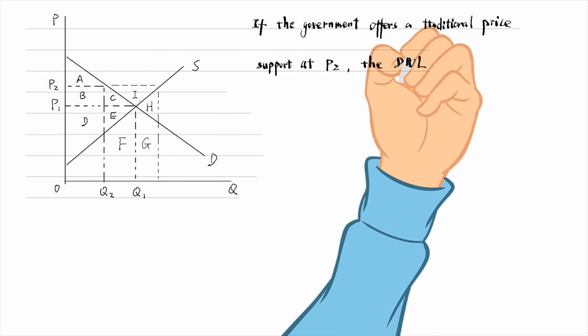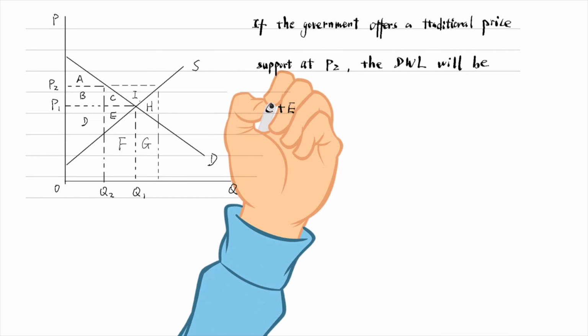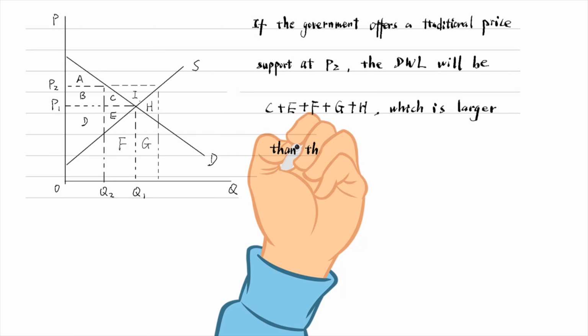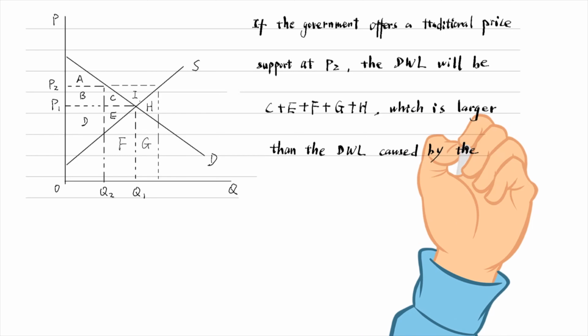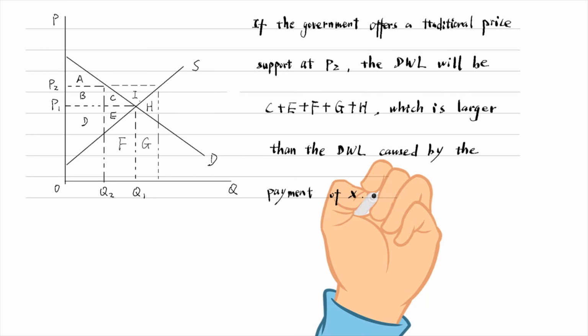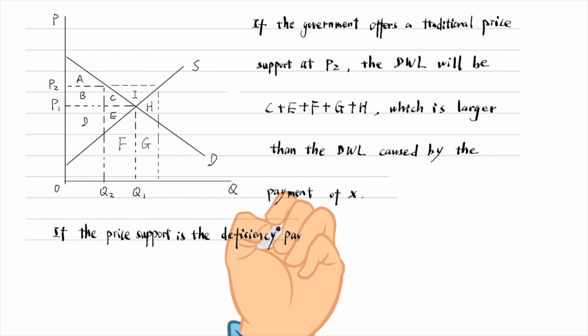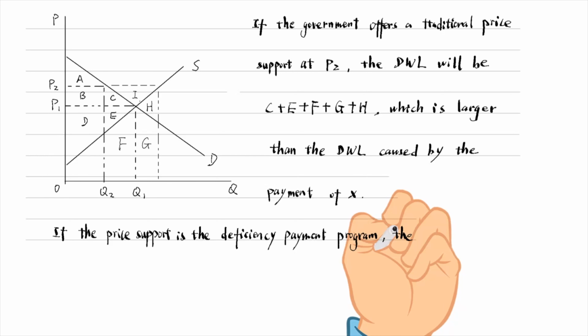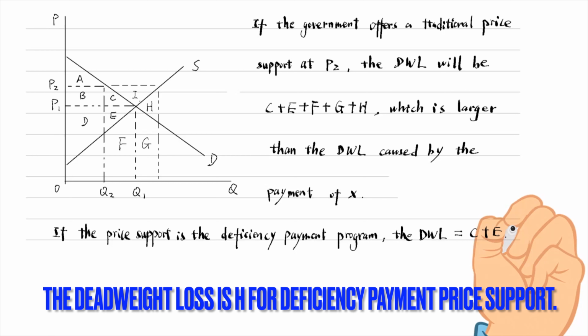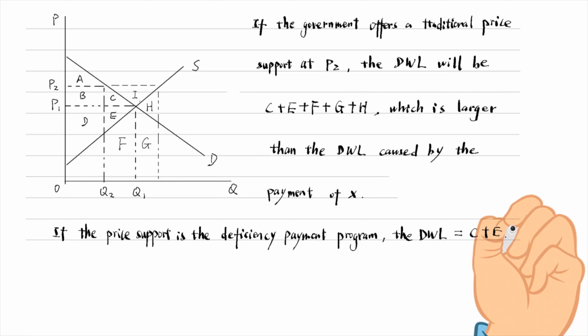It is the area of C plus E plus F plus G plus H. It is much larger than the deadweight loss caused by the payment of X. If the price support is the alternative type, that is the deficiency payment program, then the deadweight loss is the triangle area of H. Please return to exercise 5.11 for more information about the two types of price support programs.